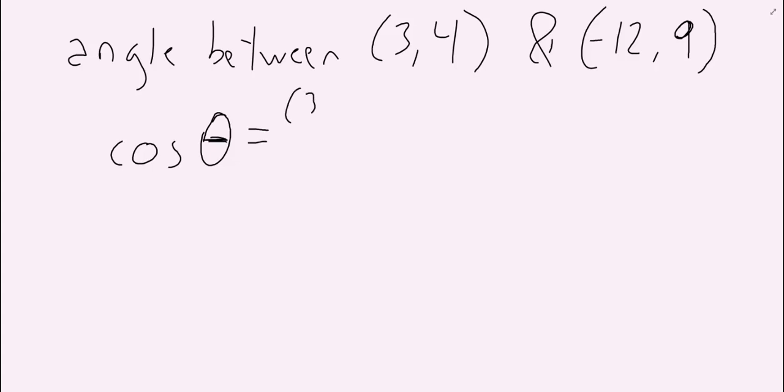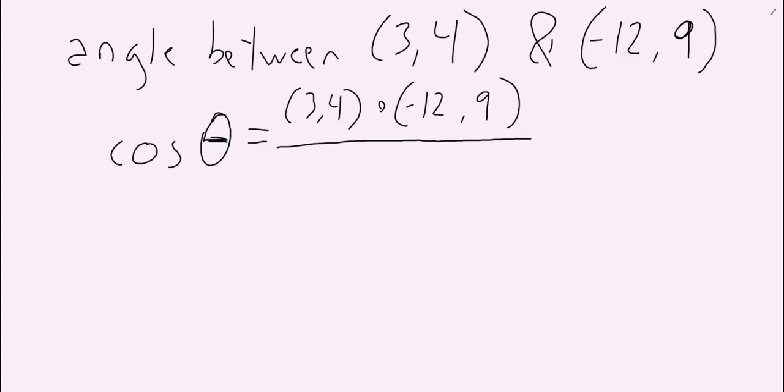So we can say cosine of the angle equals (3, 4) dot (-12, 9) divided by the length of (3, 4) times the length of (-12, 9).